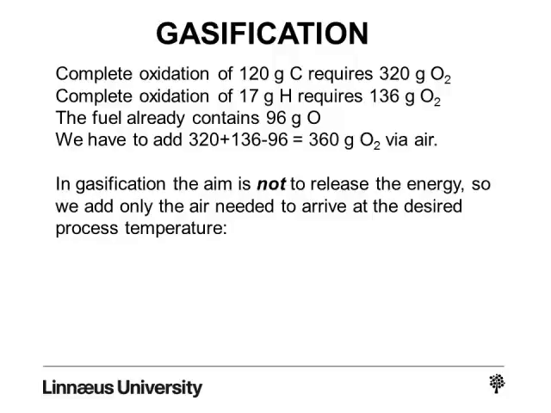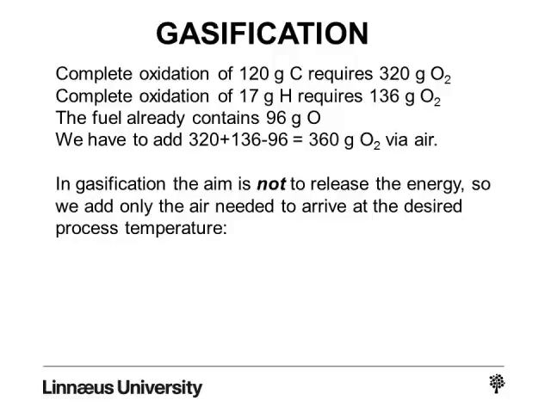But the gasification process needs to be run at an elevated temperature. And to arrive at that elevated temperature, we have two options. Option one is to add commercial external energy to the gasifier, for example by electrical heating elements. Now that would be very expensive, so that is not the method used.